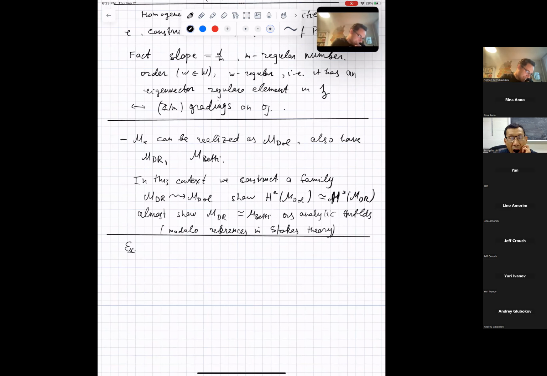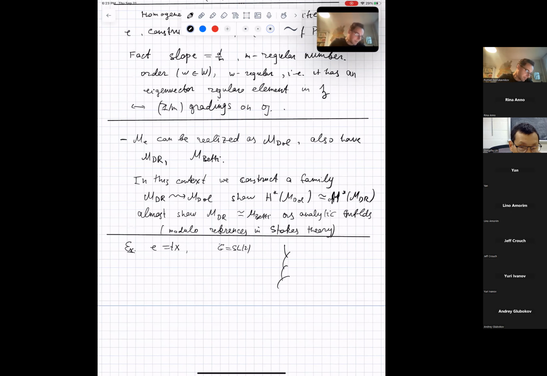So example again, if E is x t x as before, and then for G equal to SL2, it's this chain of lines, and in general it has rather rich geometry.